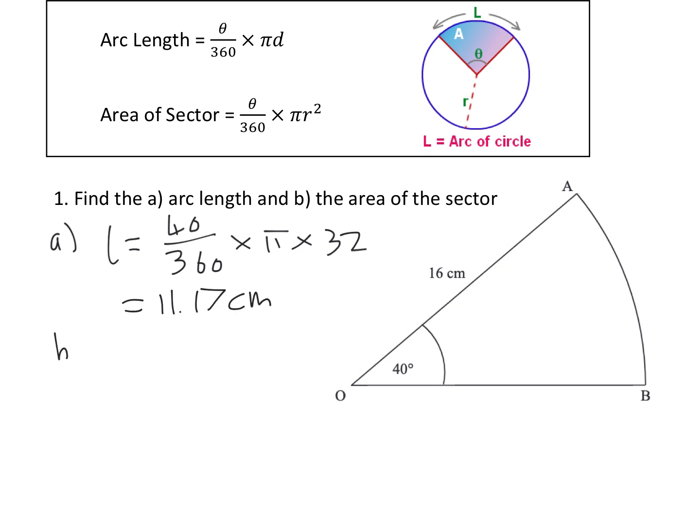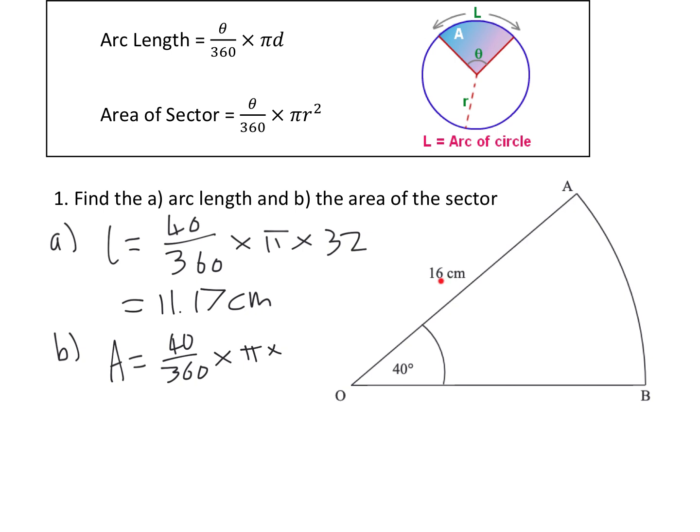For the area, it's theta over 360 times pi r squared. So theta is our angle, so 40 over 360, multiply that by pi, and it's pi r squared, it's multiplied again by r squared.